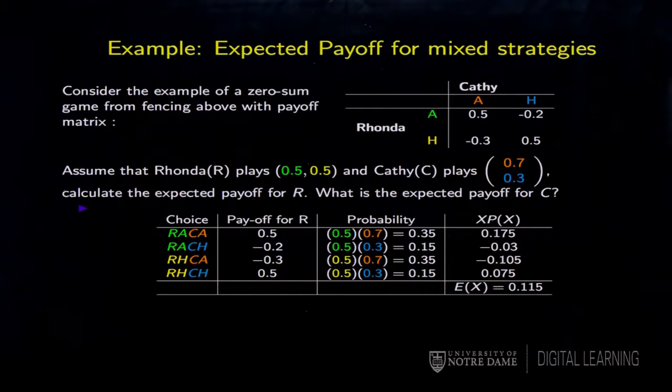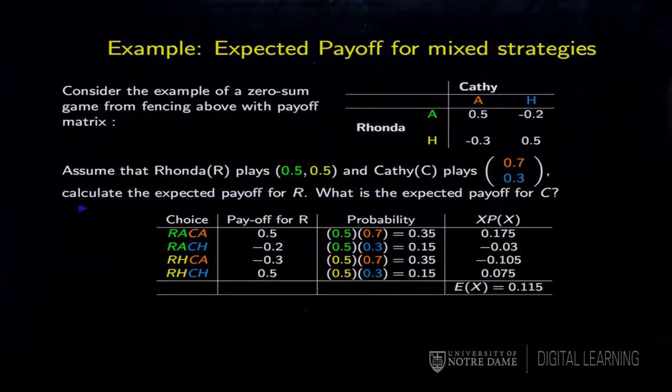And likewise, for each of the four possible scenarios, we calculate the probability for the given payoff, and then multiplying the payoff times its probability, we get an entry in the last column of the table. Adding the possible payoffs times their probabilities gives us the long run expected payoff for Rhonda when both players play these mixed strategies.